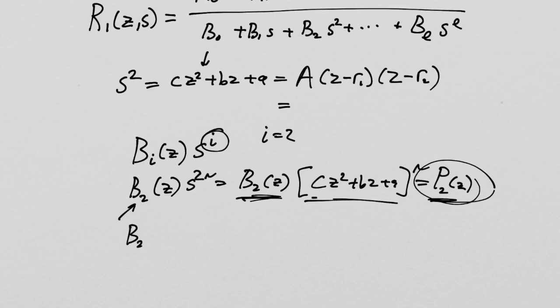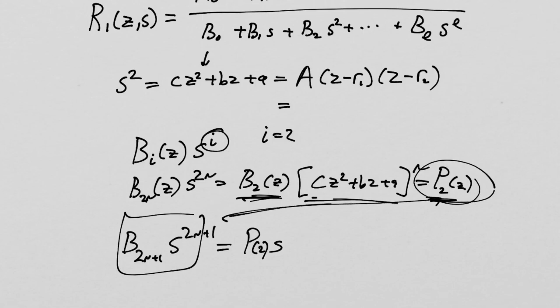Say I did B2n, S2n, right, to make everything fit the notation we're doing. So let's do B2n plus 1, S to the 2n plus 1. And in that case, you'll get a polynomial in Z multiplied by S, because this part is just another polynomial in Z. And then you have 1 S left over, which is this.